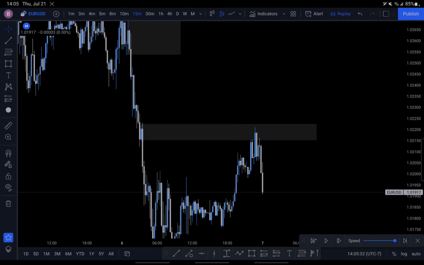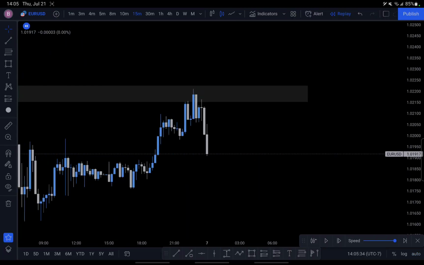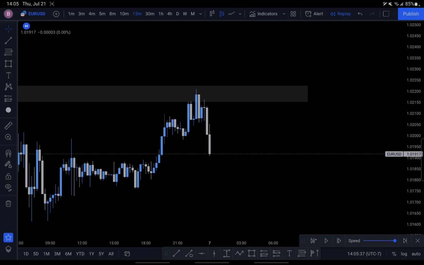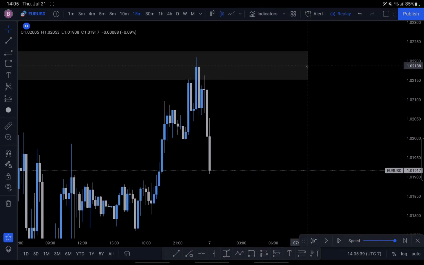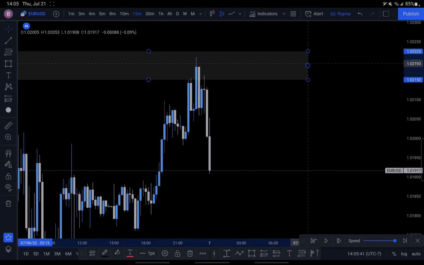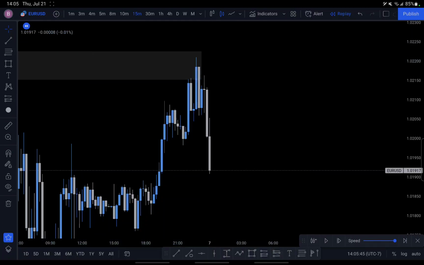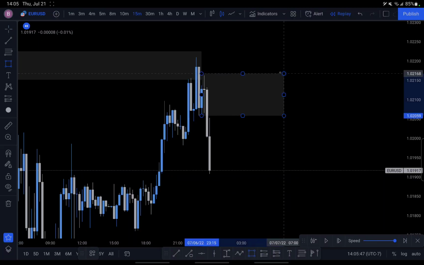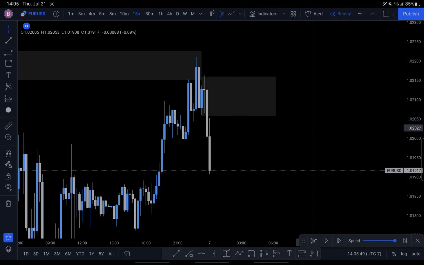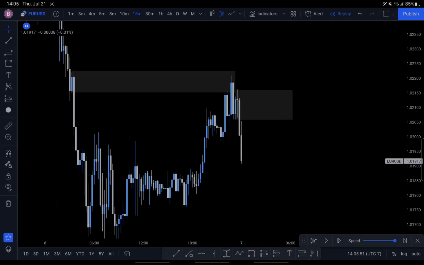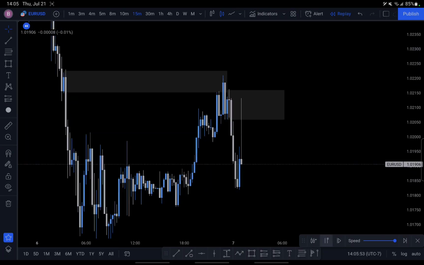So let's watch price again. Okay, let's minimize this here to about there. We created a new supply zone here. See if price wants to come trade into it, see how it reacts.